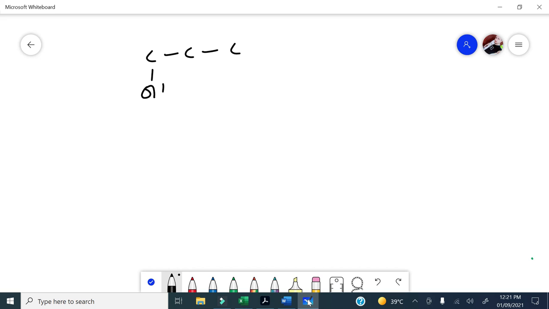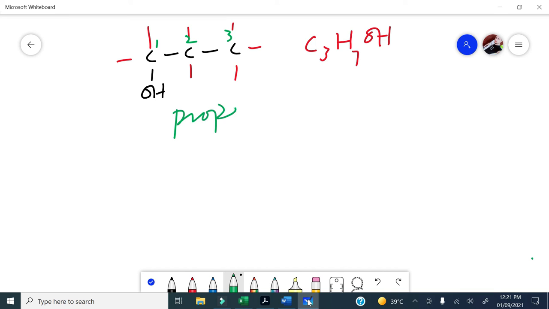There's an OH connected here, the rest are all hydrogen. 1, 2, 3, 4, 5 and 6, 7. So the molecular formula is C3H7OH. And you can see it's on position number 1. If I'm doing the counting, I'll start counting 1, 2 and 3. So it is called propan-1-ol.